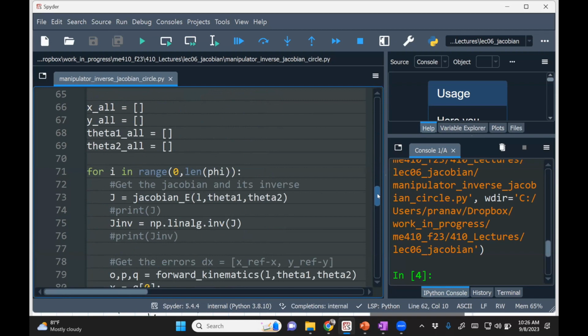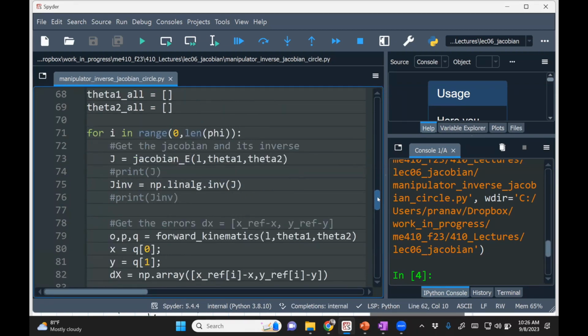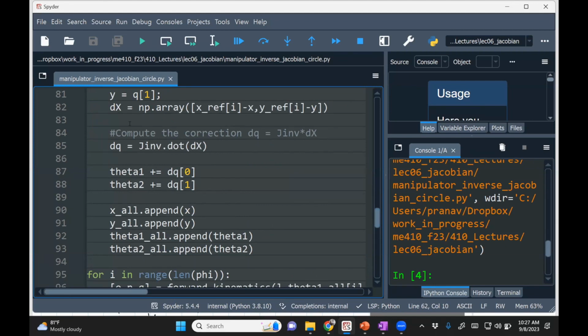Now there is the for loop. It runs through all the reference positions of the circle and computes the Jacobian, which is a formula I wrote down. It's the Jacobian of the point we care about, in this case the Jacobian of E, the position of the end effector, the tip of the second link. Then I take the inverse, and it's just a matter of doing J inverse times dx, where dx is dr from the notes.